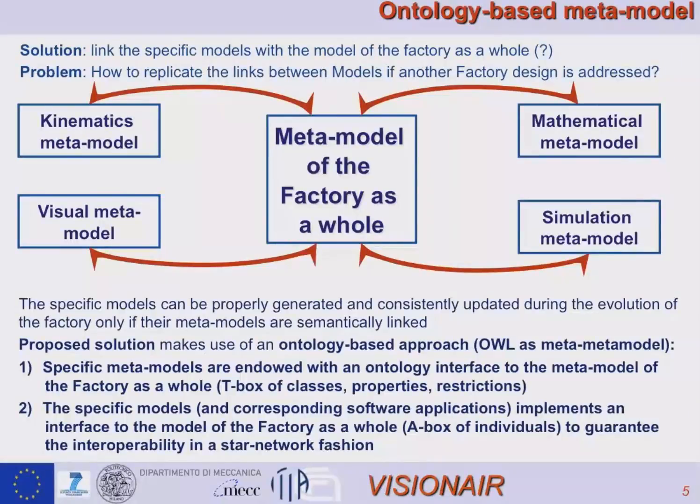So you need a representation of the knowledge in a factory, and you want to replicate this representation among the different tools, and moreover, the different tools often need a subset of the whole information. So when you work using a kinematic model of the operation, you need a specific set of data, but you don't care about the processing times, you don't care about the energy consumption, as an example.